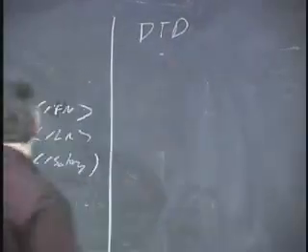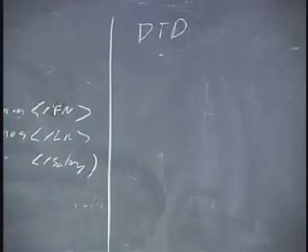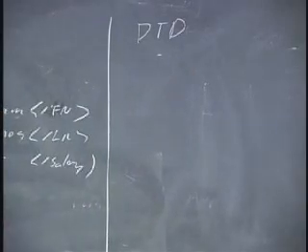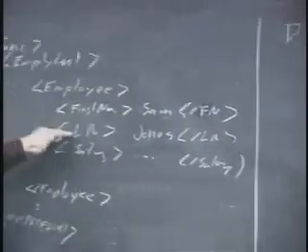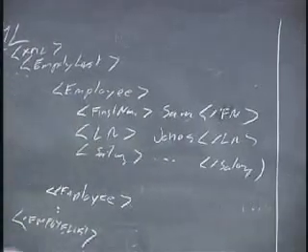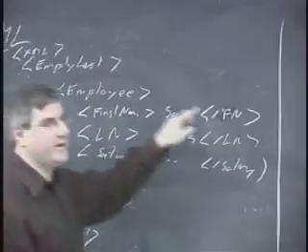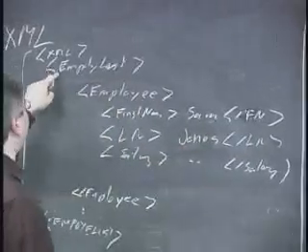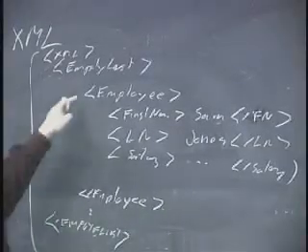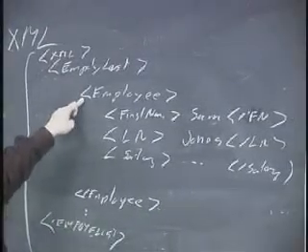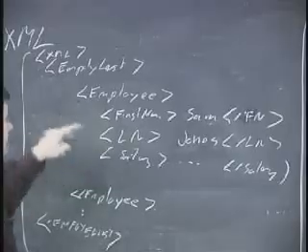And this basically is a text file that tells you what the element types are that you can have, what the tag types are, what attributes each one can have, and for any element type, which elements can appear as child elements of them. So for employee, the child elements could be first name, last name, salary.